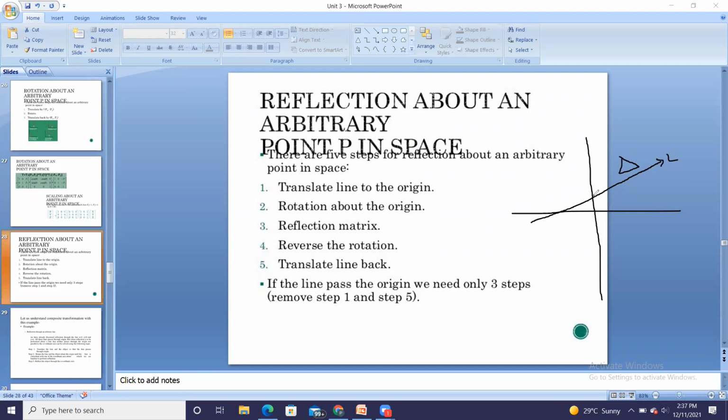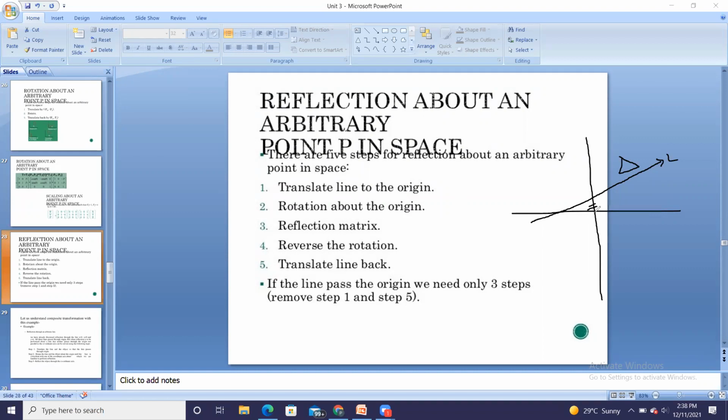The first step is you have to translate this line so that it will pass through the origin, because all the lines for which the reflection matrix is available are passing through the origin. So we are meeting those requirements. Shift this line so that it will pass through the origin, by this much amount, which is nothing but your intercept with the y-axis.